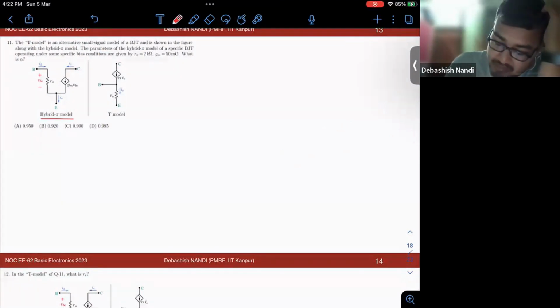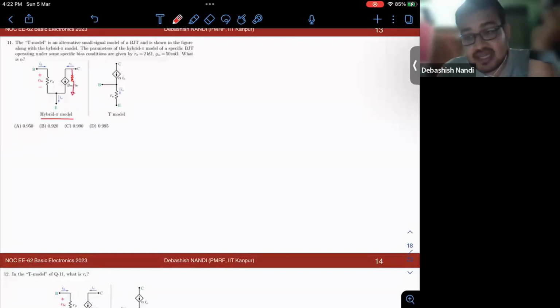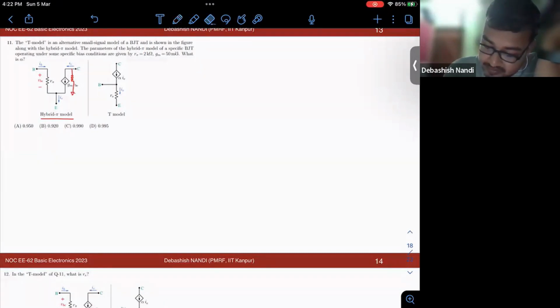And it is not a complete model, as I have told you that there will be a resistance here if you take the early effect into consideration. So these two are equivalent, different ways to represent, right?